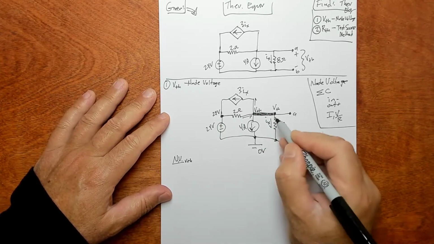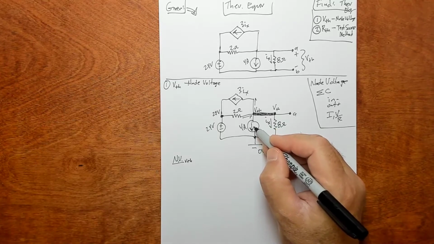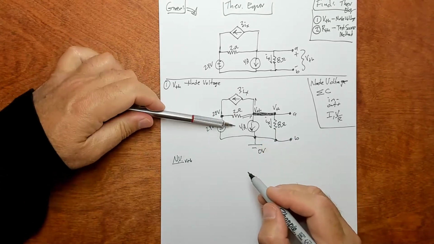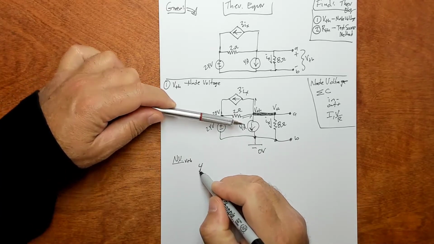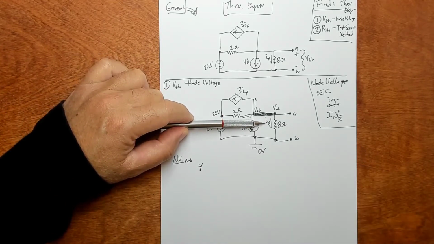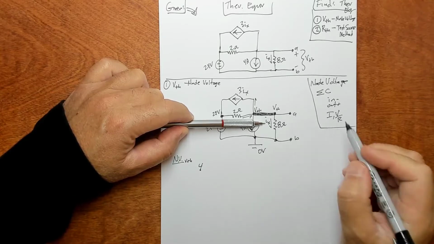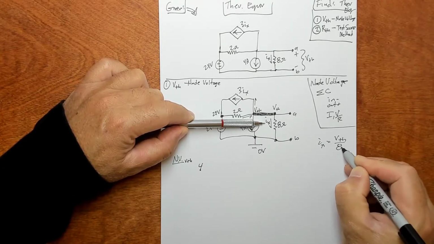So let's see. I need another pointy device here. I've got 4 amps coming out, so that's 4. I've got IX coming out, and I could use IX, but look, IX is V Thevenin over 8.